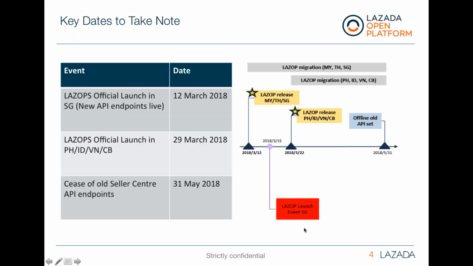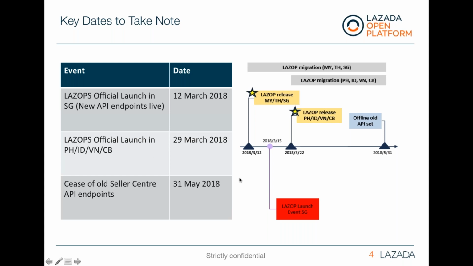And here are some key dates for the Lazada Open Platform. Currently, the new platform has been launched for all the 6 ventures. We plan to migrate all our sellers and ISVs to the new platform by the end of May, which means that all the current Seller Center APIs will be out of service by the end of May, and you will need to migrate from the Seller Center API endpoints to the new platform.